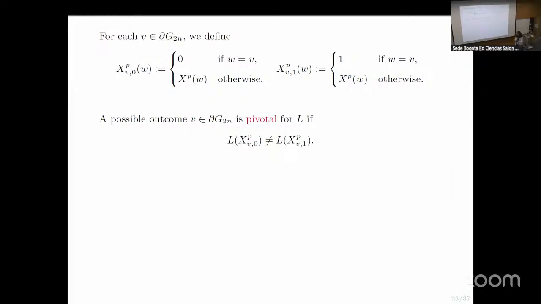In other words, if I flip one of the values in the leaves and that changes who is the winner, then that value is essential for the outcome, and I'm going to say that it is pivotal for that assignment. And I'm going to call the influence of B the probability that this leaf is pivotal.